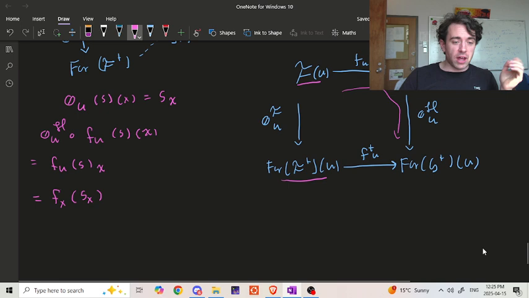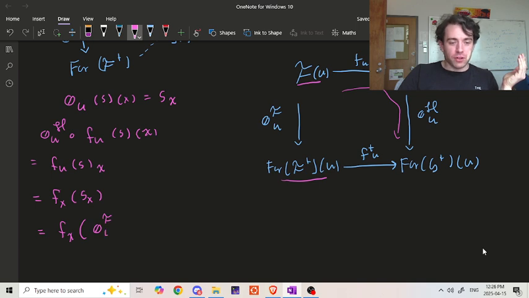And what is that? Well, the germ of S at x, that is the same thing as theta_F,U of S applied to the point x.